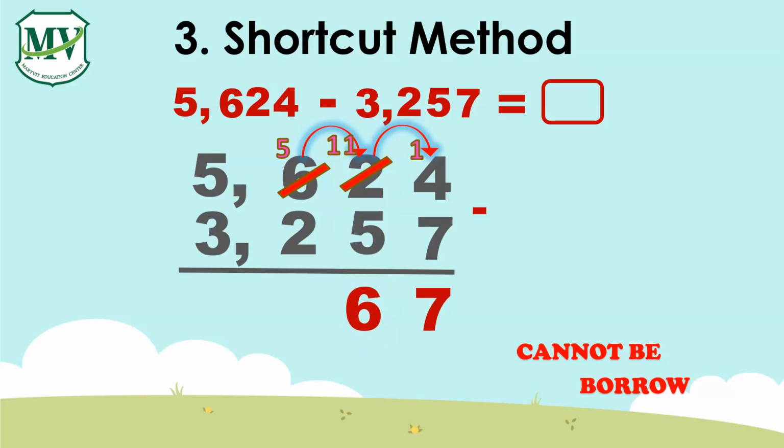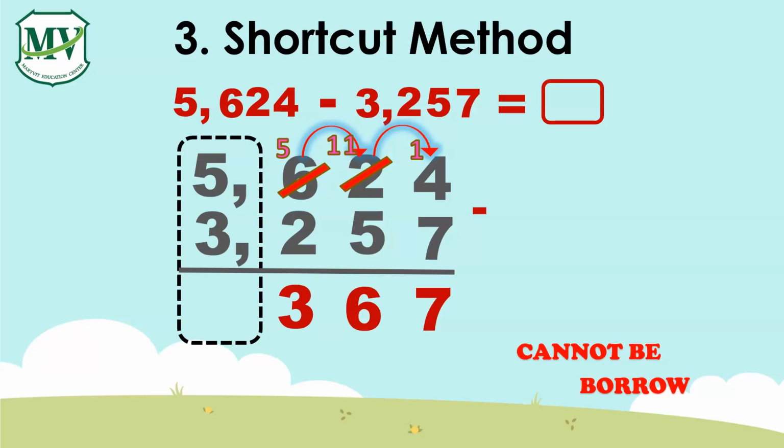Next step, step 3. Subtract the hundreds. 5 minus 2 is 3. Last step, step 4.